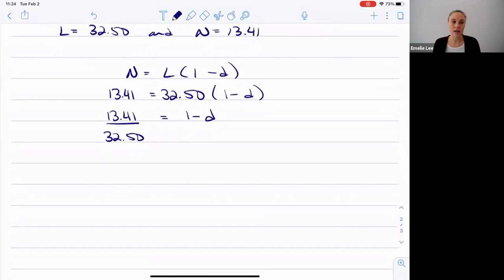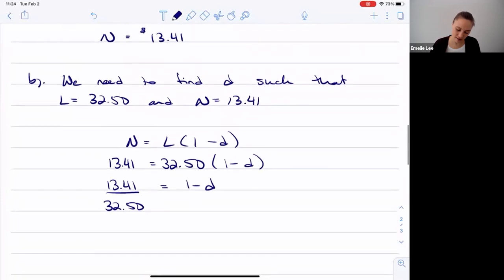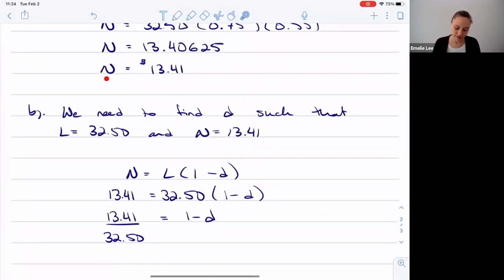I have a decimal here, and you want to make sure that you keep all those decimal places. So we will round in the end, but I know it sounds like I'm kind of going against my own word here, but the net price isn't going to be all these decimal places.